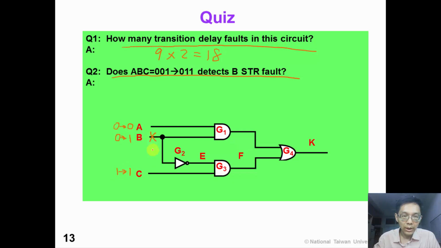Now we want to detect the B slow-to-rise fault. We can see that we have a rising transition from pattern 1 to pattern 2.